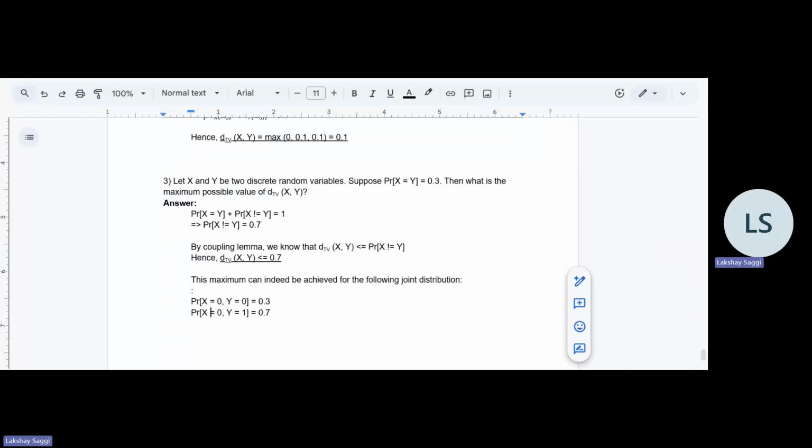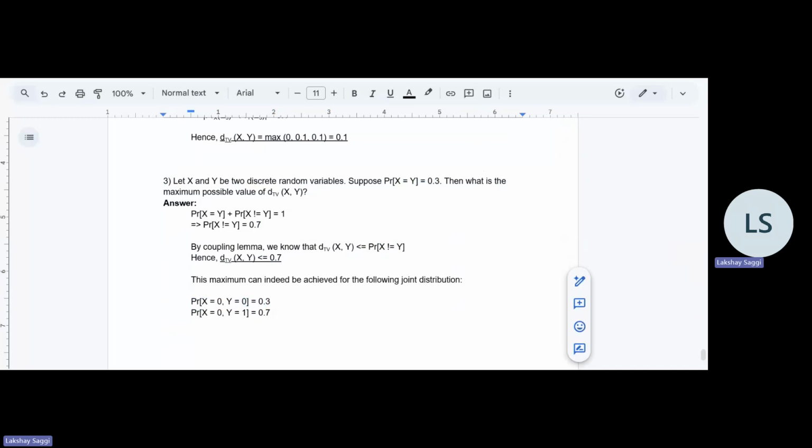These are the joint distribution probabilities. Since 0.3 plus 0.7 is 1, this is exhaustive. Suppose these are the only two possible outcomes, then the probability that x equals y is 0.3, because this is the only case where x equals y.